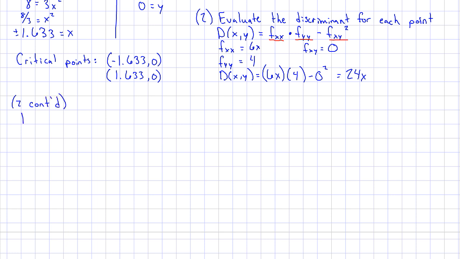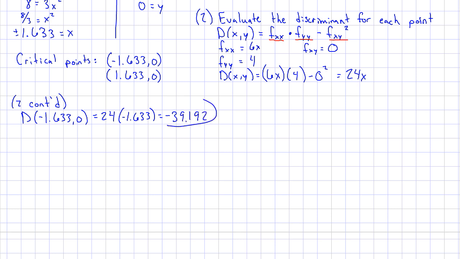So the discriminant for negative 1.633, 0. I don't have any y's, so it's just 24 times negative 1.633, which gets me negative 39.192.